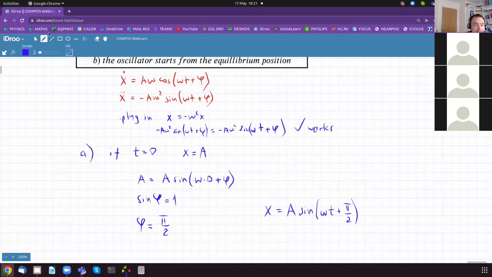So it looks like this. x, t, we start in the maximum position, and then we go like this.